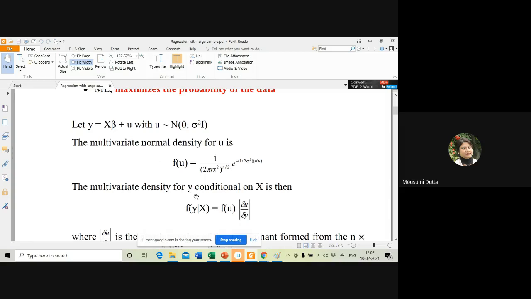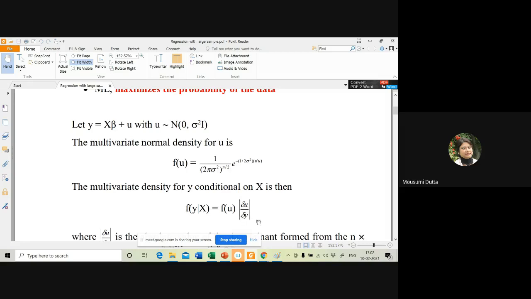The multivariate density for y conditional on x is then f of y given x equal to f of u multiplied with the Jacobian transformer. This is the Jacobian transformer, because from the u we are presenting the y space, so we need a Jacobian transformer. So it is the determinant of del u by del y.